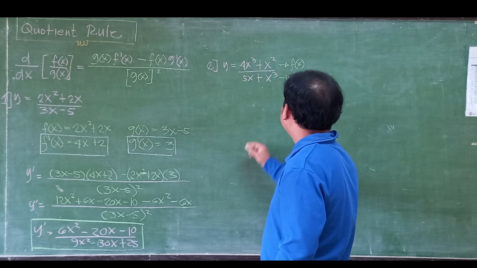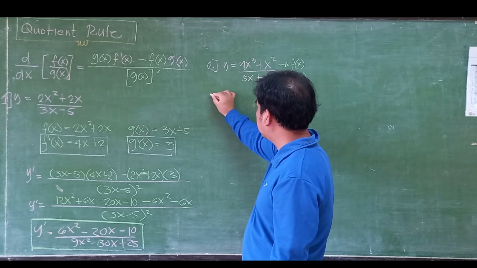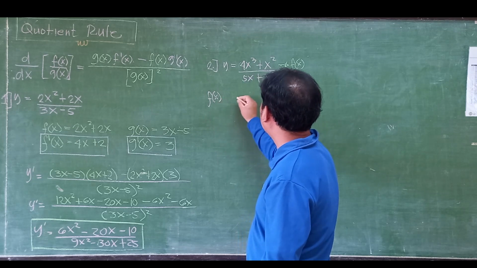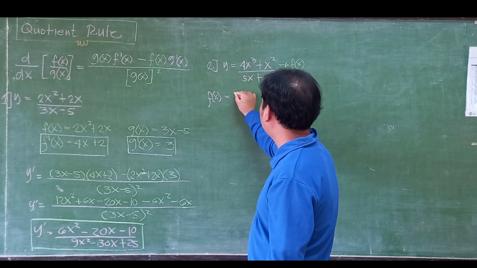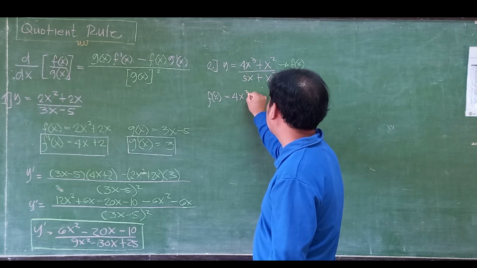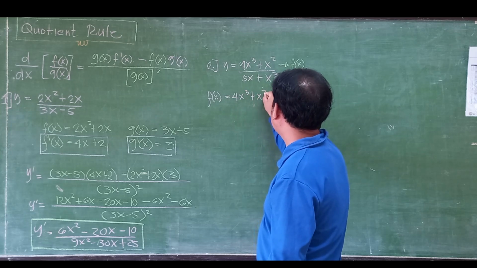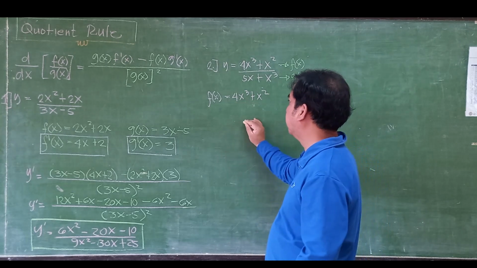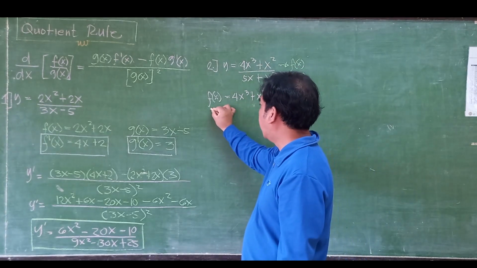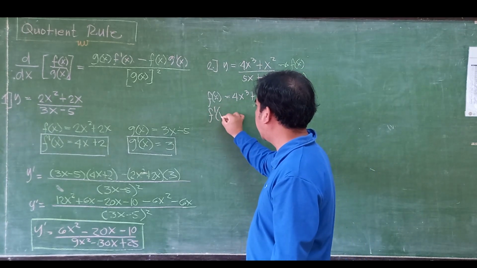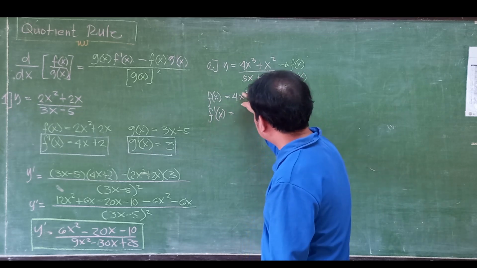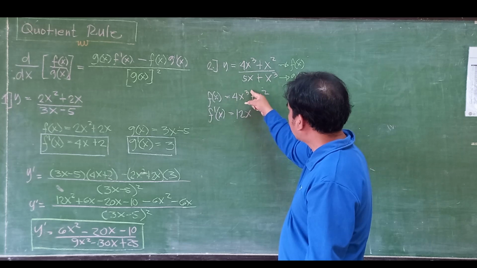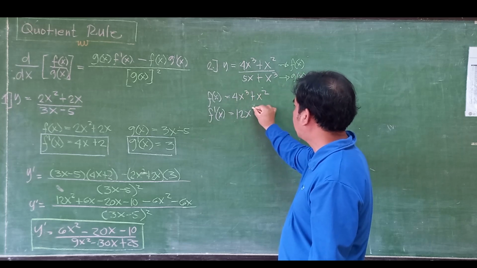So if our f of x is our numerator, that is f of x equal to 4x raised to 3 plus x raised to 2. Now we can have its derivative by saying f prime of x is equal to, multiply this one, that is 12x raised to 2.